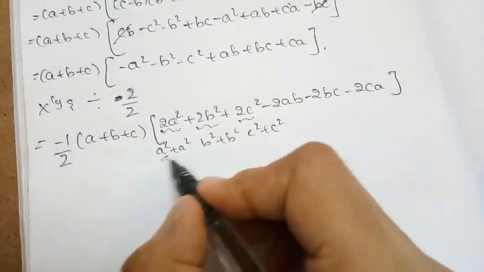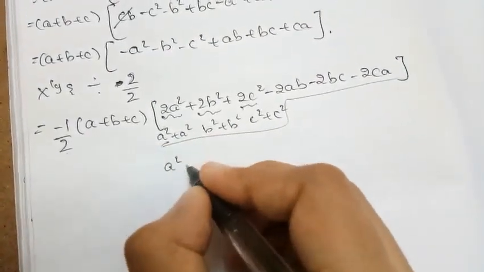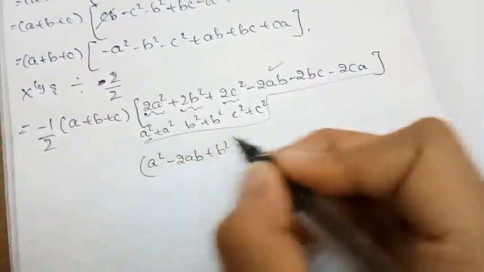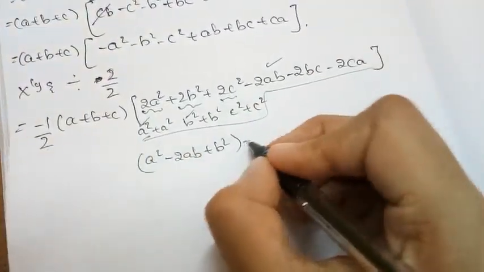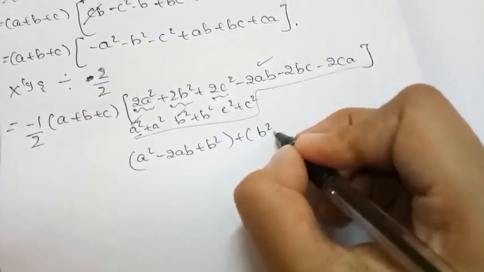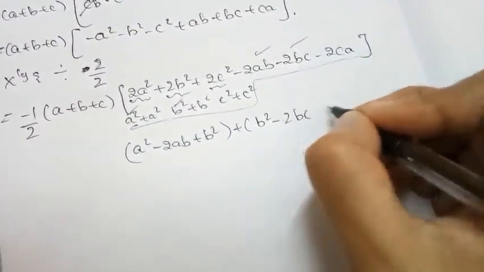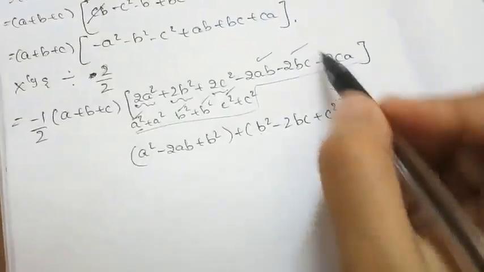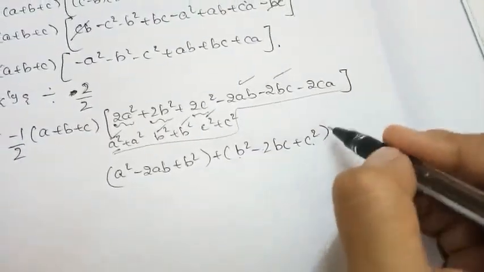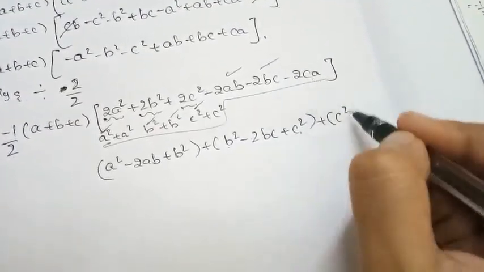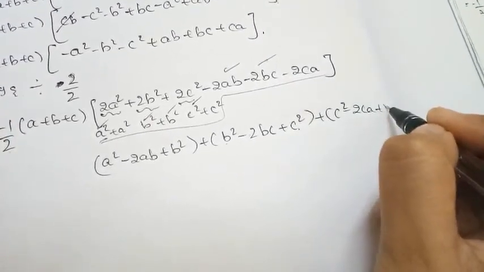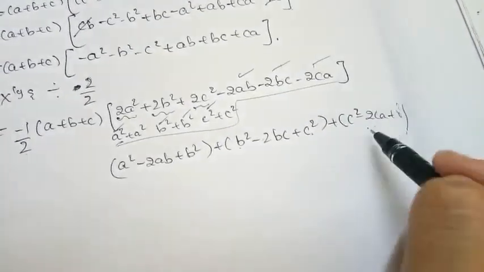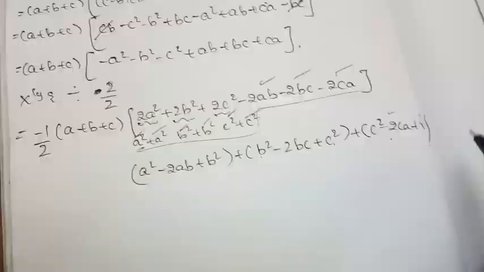So I can write: a square minus 2ab plus b square, where one a square and one b square are used, plus again b square minus 2bc plus c square, where another b square and one c square are used, and minus 2bc is from this one, plus c square minus 2ca plus a square. So minus 2ca is from here, and another c square and a square are used here.